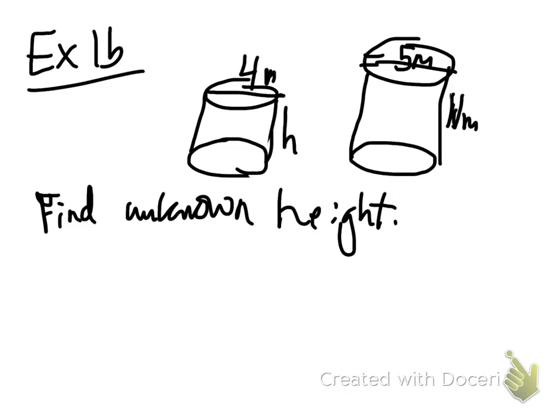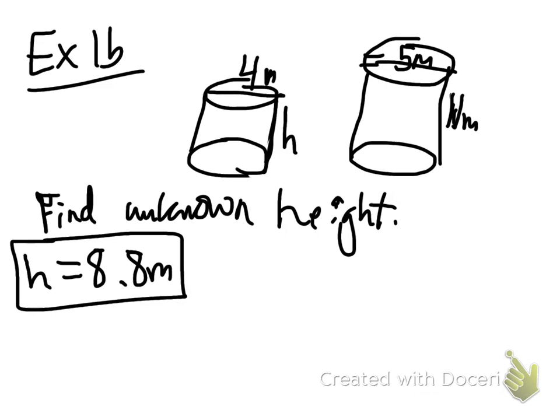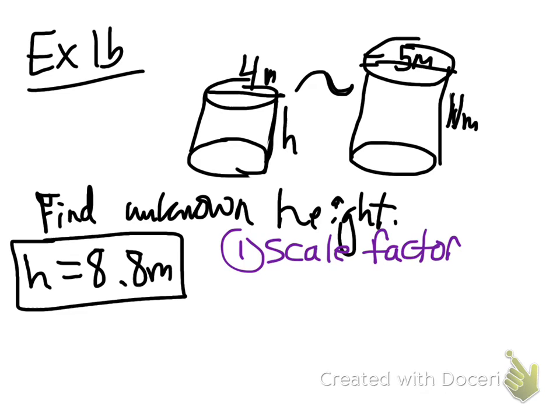Alright, so you should have found that h, your unknown height here, is 8.8 meters. You would have found this by, 1, setting up a scale factor. I think I verbally told you that they're similar, I didn't actually write it down.